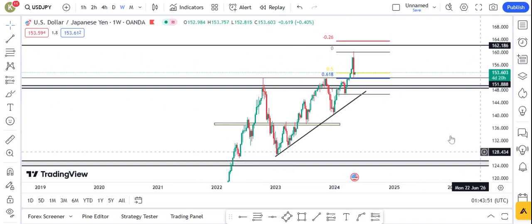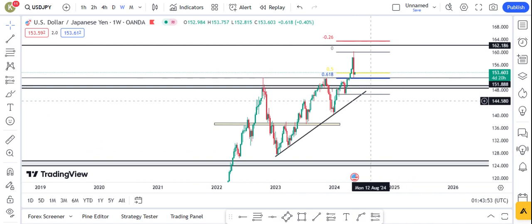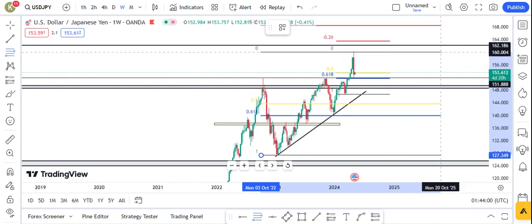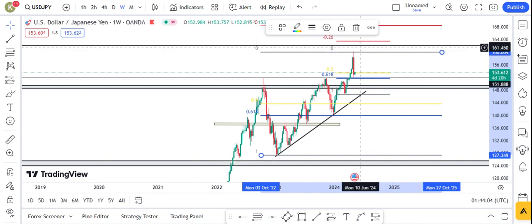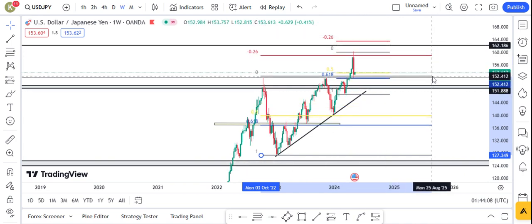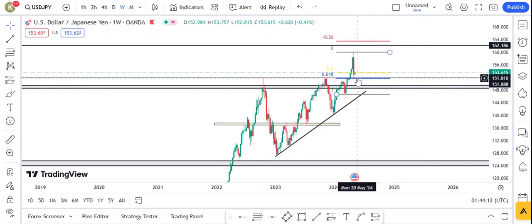Inside this big Fibonacci level, there's another Fibonacci there. And there is also a demand level right about here.